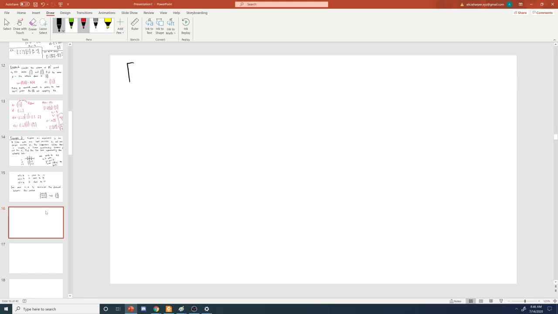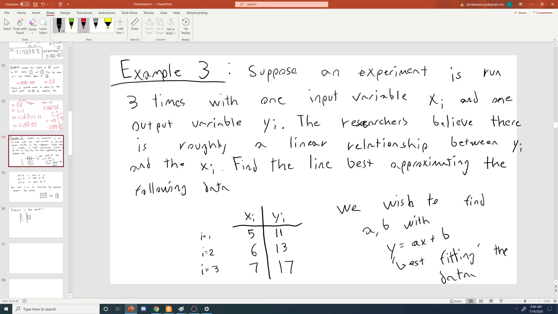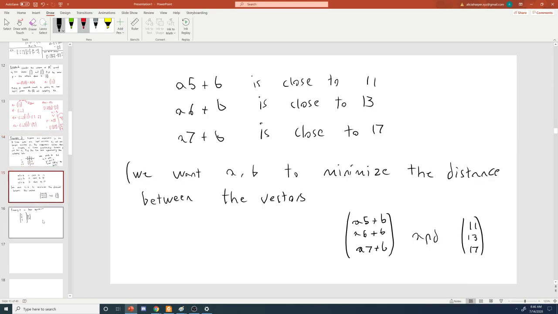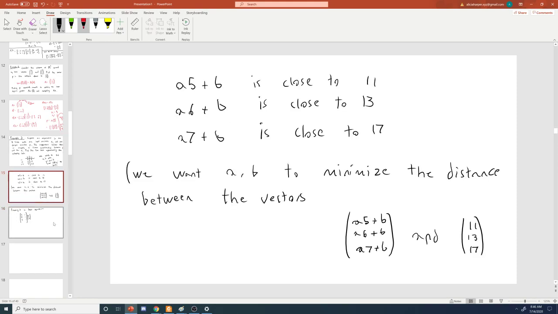So framing it in least squares, what we're trying to do is find A and B such that if we multiply it by the following matrix, so here we're going to have 5, 6, 7, corresponding to the input variables, and here we're going to have 1, 1, 1, corresponding to the constant terms.